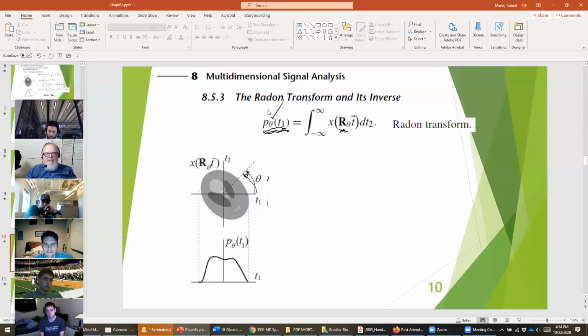This is a process known as the Radon Transform. It takes you from the two-dimensional image into the projection space. But this is not what we want, is it? What we'd like to do is look at these projections and get back x of t, right?